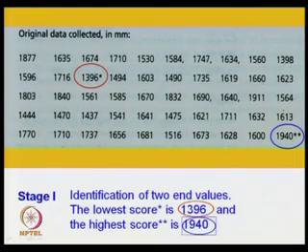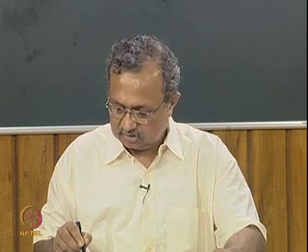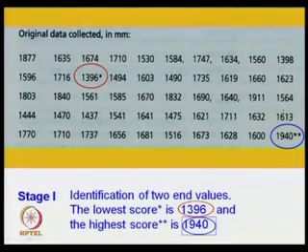These are the original data collected in millimeters. Here the minimum value is 1396 millimeters total body height, and the maximum value we got is 1940 millimeters.